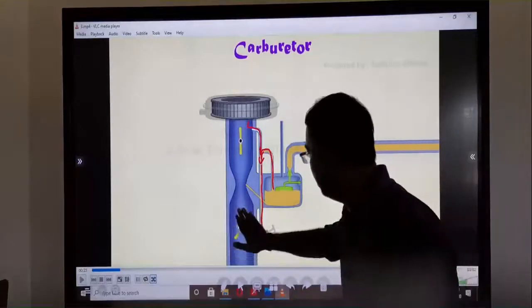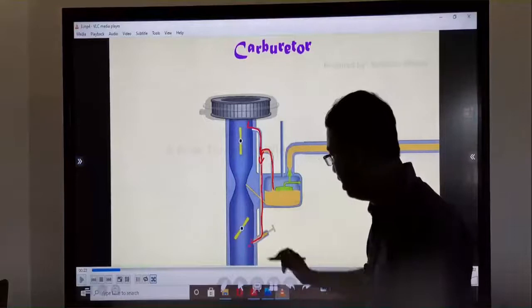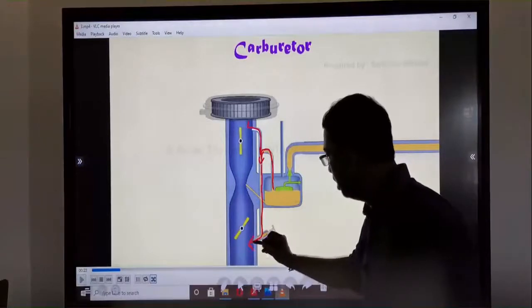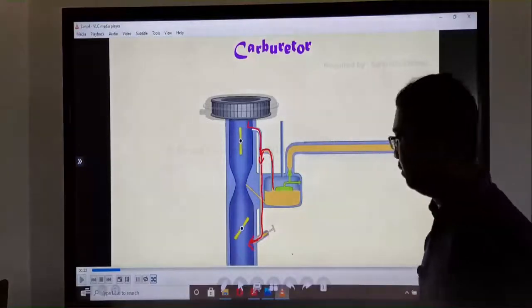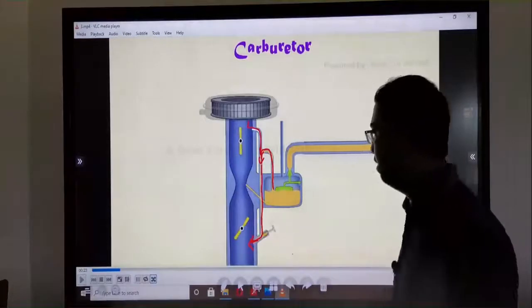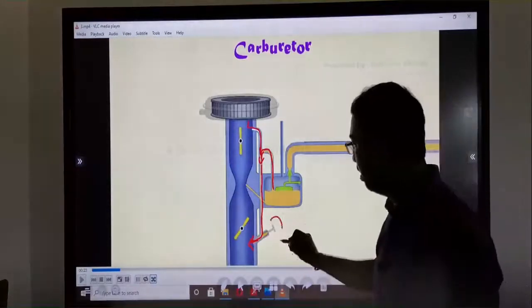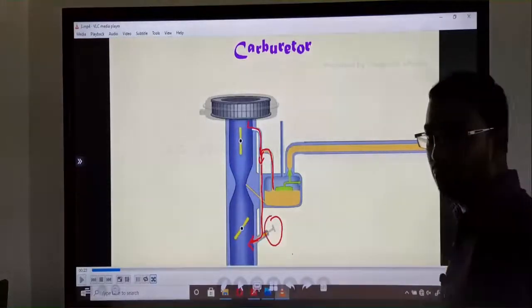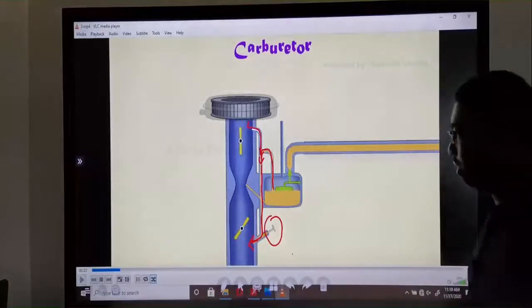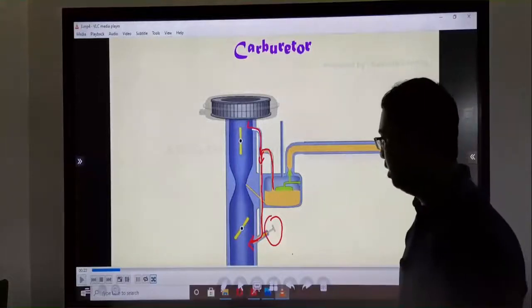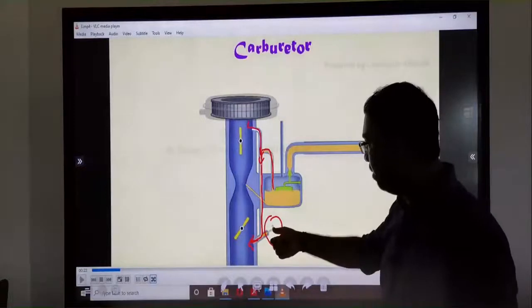So the throttle valve is not linked with this line. This air mixture falls after the throttle valve. There is a screw, which we call the idle screw. We can see it in bikes and automotive vehicles. We can adjust the air mixture here.